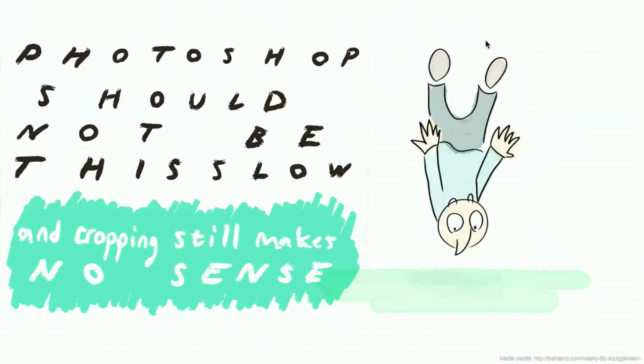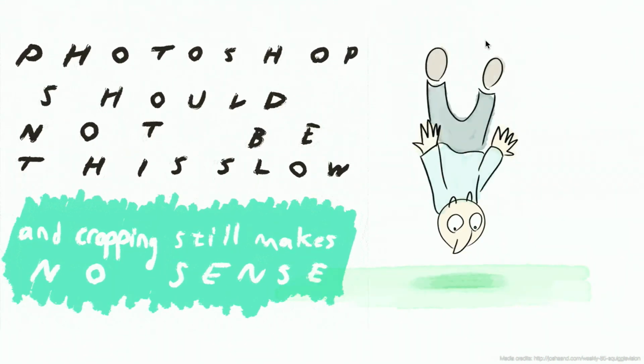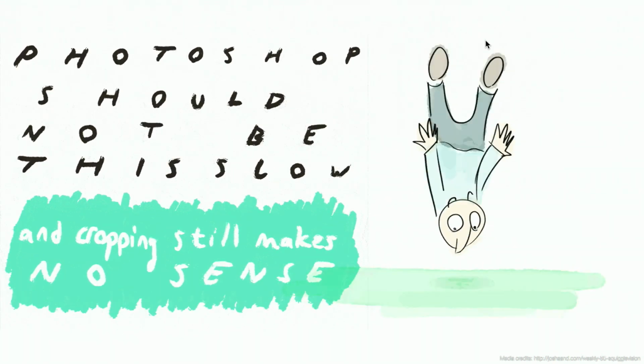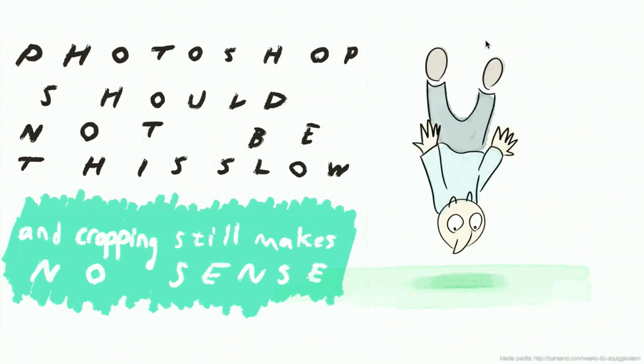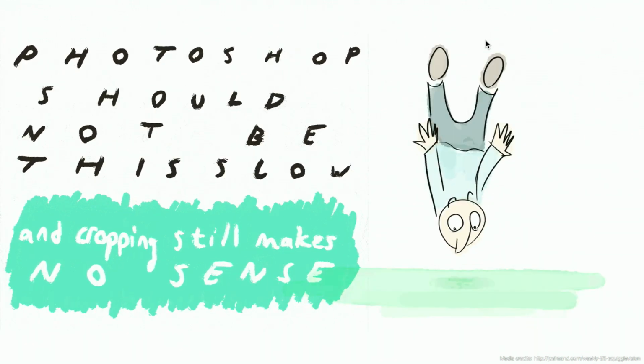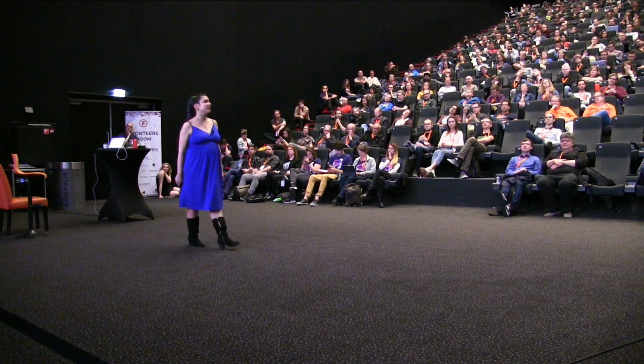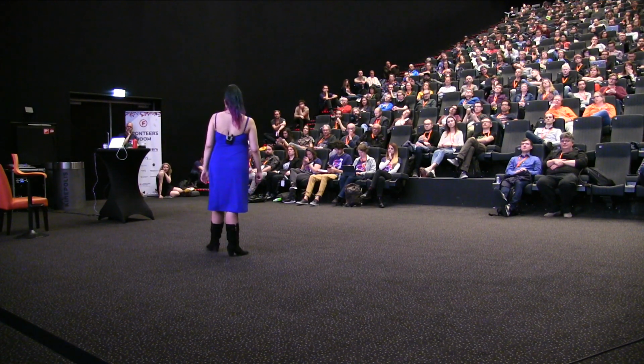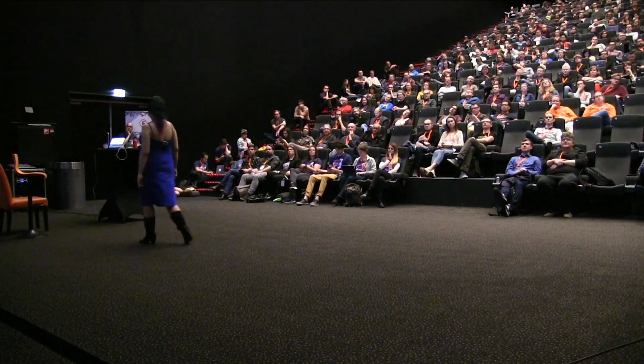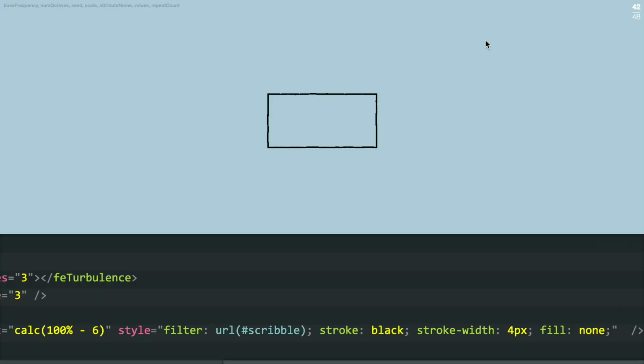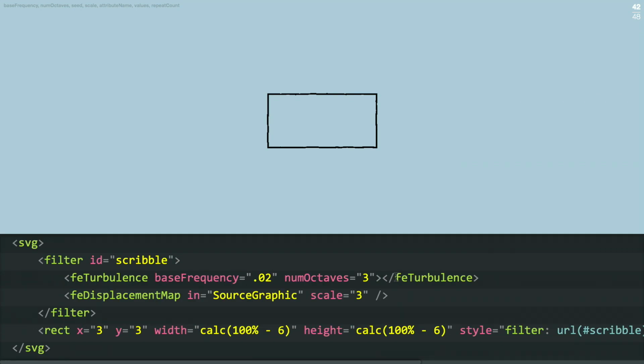So how could we do this effect? Could we apply this effect on our divs? We've already done the scribble for our borders, but what if we want the scribble to actually animate like this? Could we do that? Let's try. So here is the rectangle, here's the scribble we've already created, and there is another parameter of the FE turbulence filter that I haven't mentioned, and it's called seed.